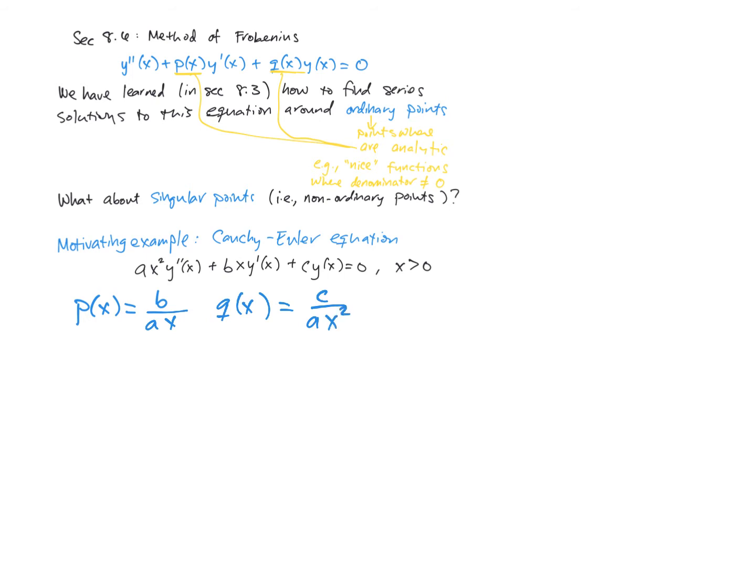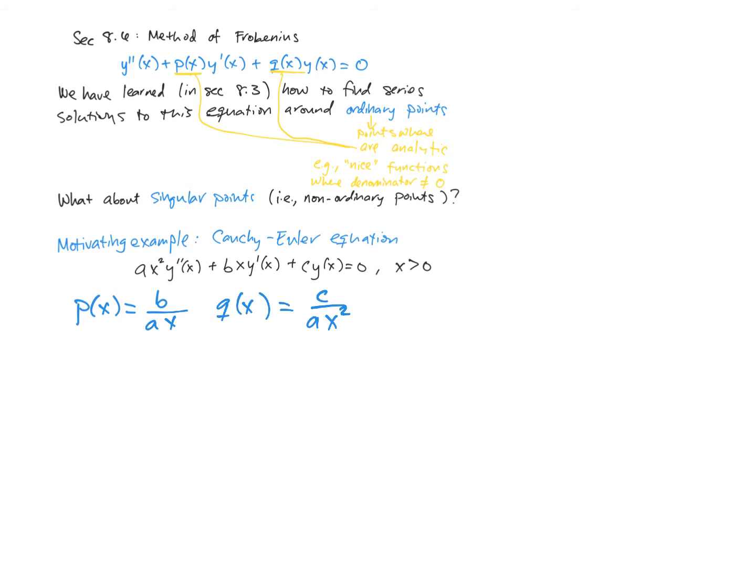And so, using the theory we had before, this doesn't really make sense at x equals 0. Because we can't plug in x equals 0, but we care about what's happening immediately after x is 0. And we saw this equation before back in chapter 4, and we also skipped a section on it in 8.5, again in the interest of time.